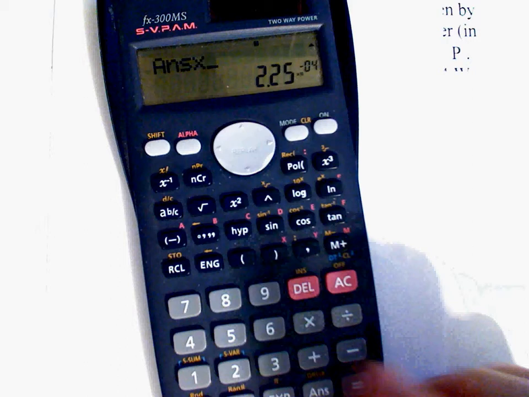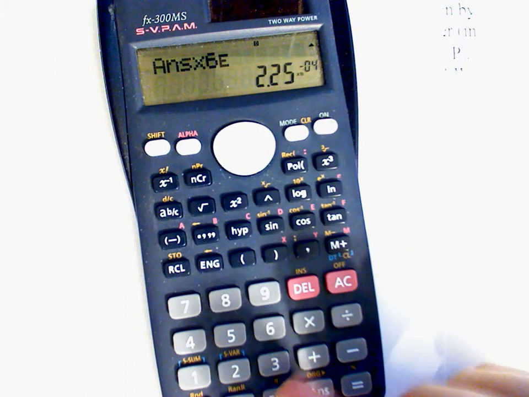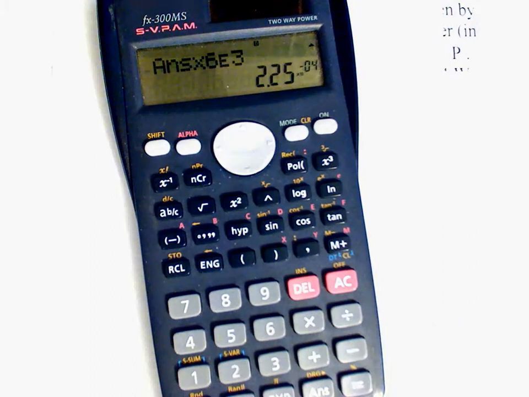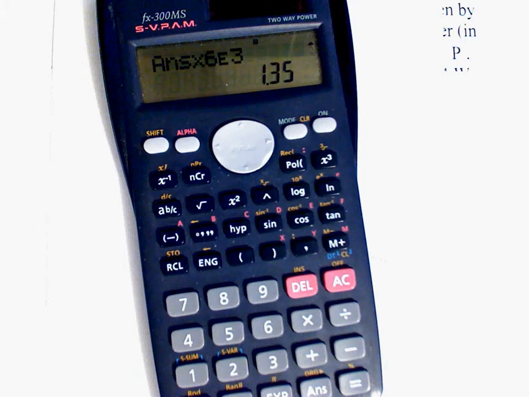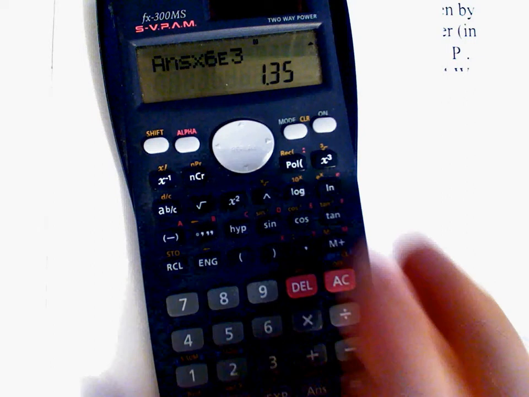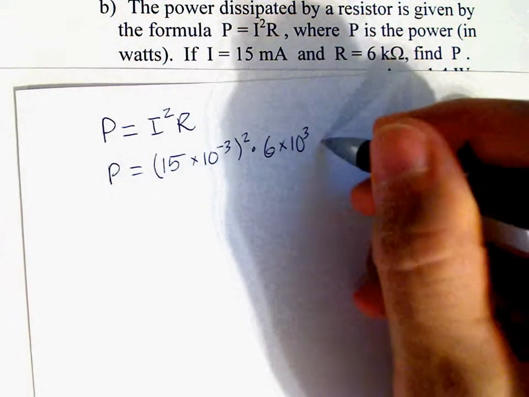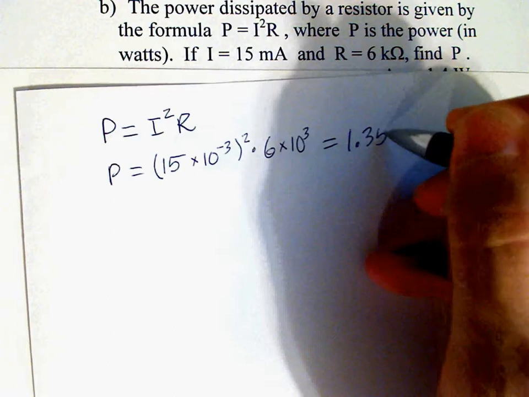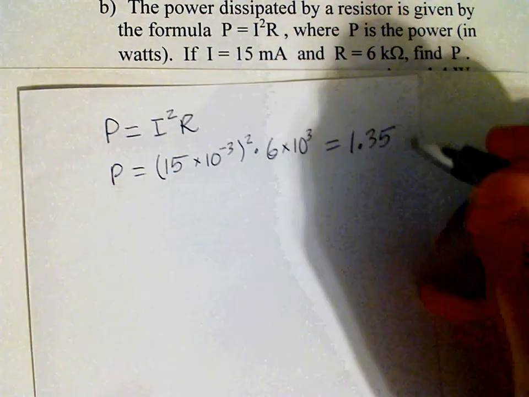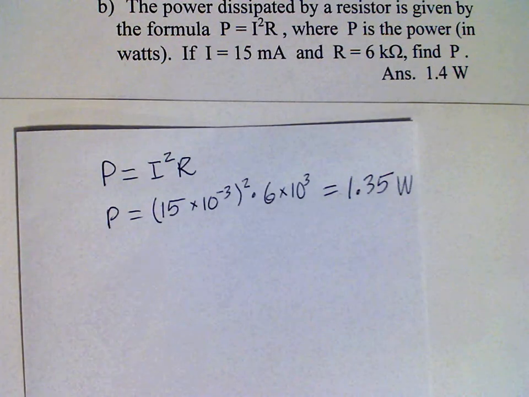And then 6, E3. That means 6 times 10 to the third. And then equals, the answer is 1.35 watts. In the notes I've rounded it off to 1.4.